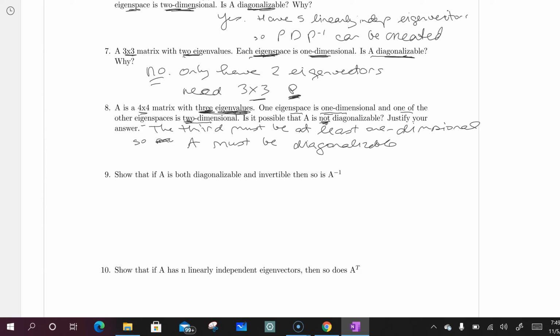All right, so let's play with some algebra with this. Okay, so I know that A is diagonalizable and invertible. Diagonalizable means A equals PDP inverse. So then show A inverse is diagonalizable.